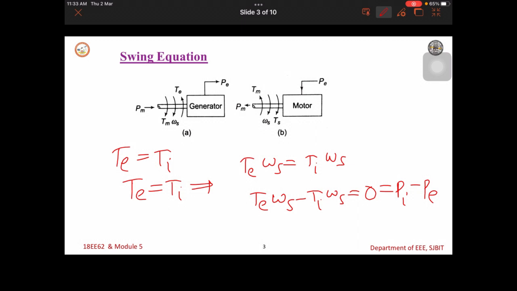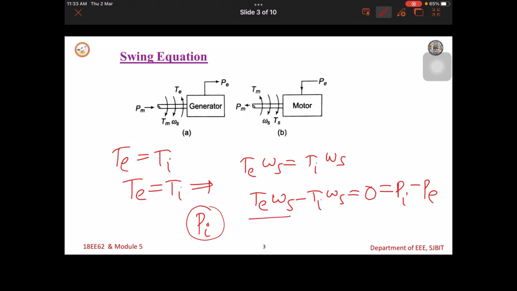When we change the load or a fault happens, then the input power Pi is not equal to Pe. Therefore, the left hand side of the equation is not 0, and an accelerating torque comes into play.